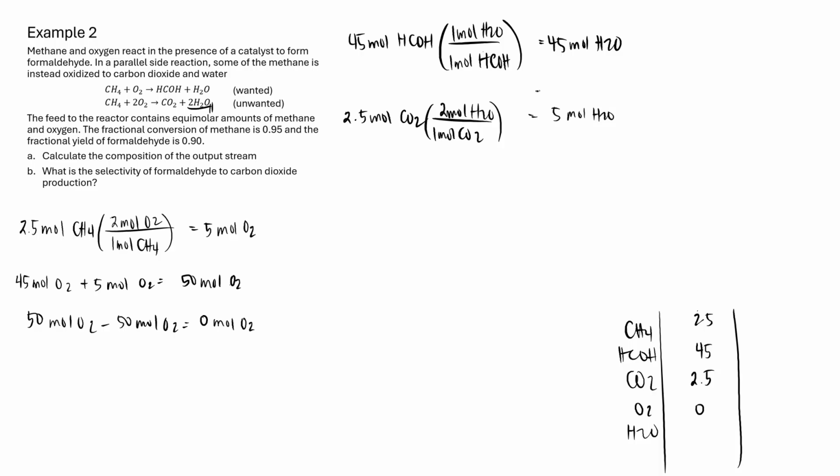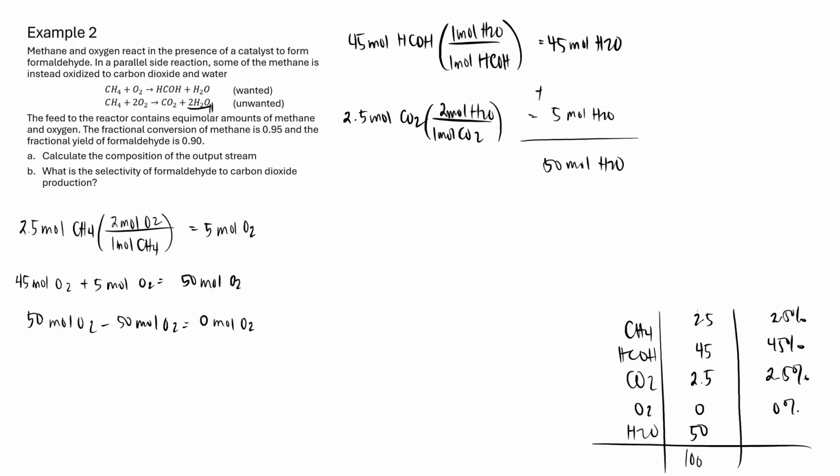In total, that's 50 moles of H2O. So you total that, that's 100. So this is 2.5%, 45%, 2.5%, 0%, 50%. So that's the answer for letter A.